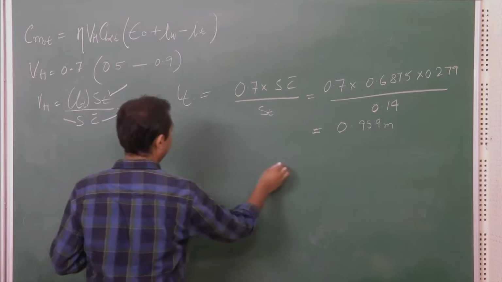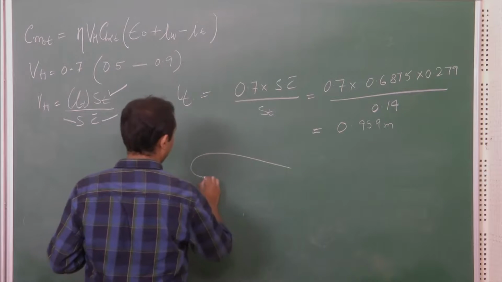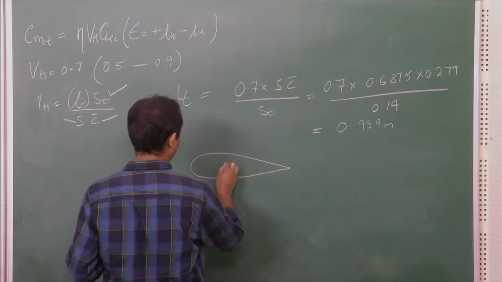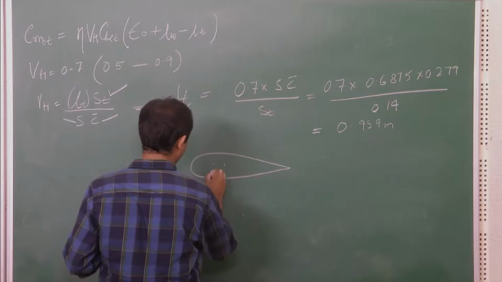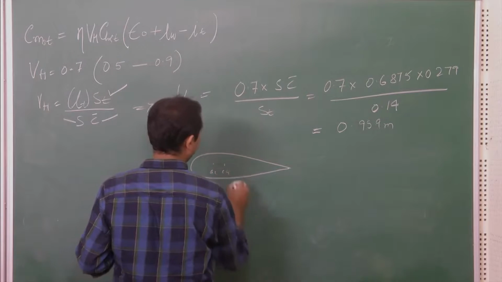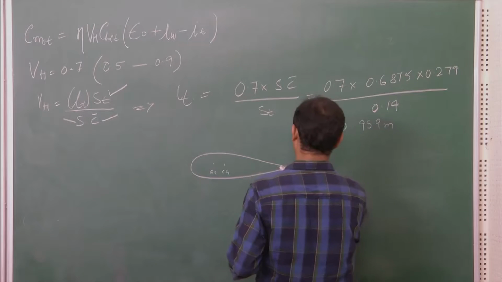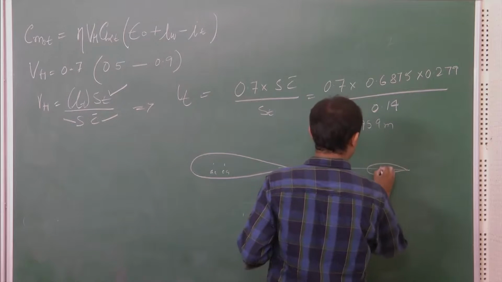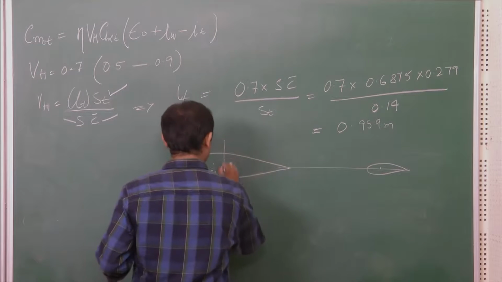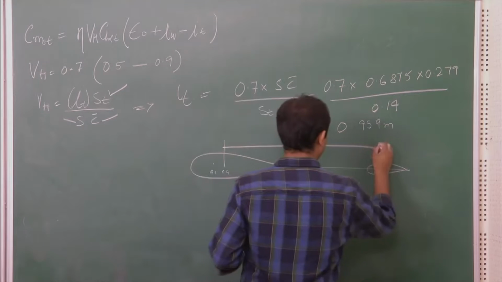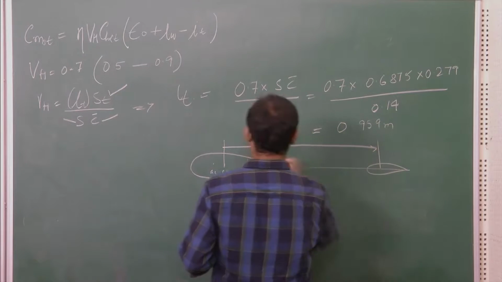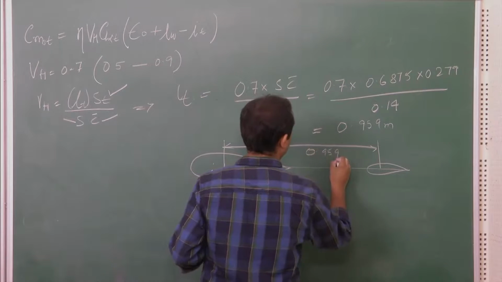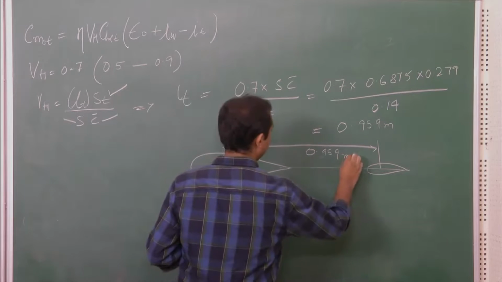So we got your tail arm as 0.959. So this is your AC, this is your CG, and this is your tail. So distance between CG and aerodynamic center of tail is 0.959 meters.